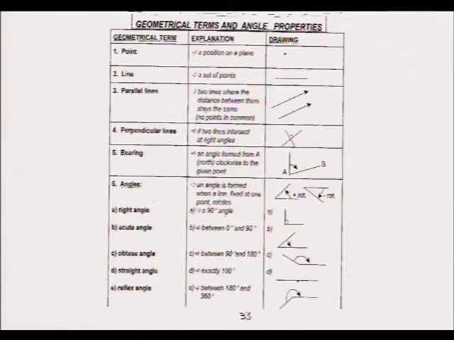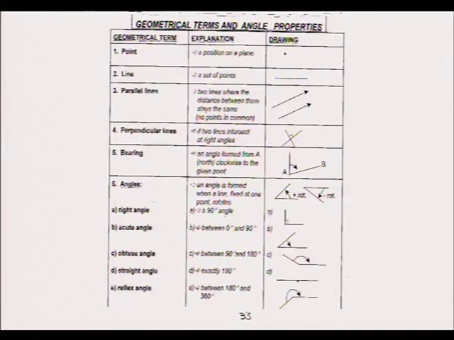Then you have geometrical terms and angle properties. The terms: a point, a line, parallel lines, perpendicular lines, bearing, where you start from the north line. The angles, you must learn it. Acute angles are less than 90 degrees. A right angle is 90 degrees.